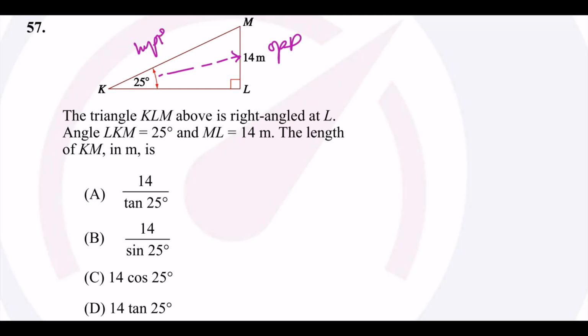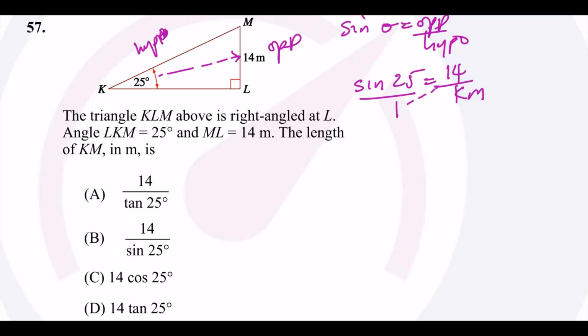Alright, so what trig ratio uses the hypotenuse and the opposite side? That's going to be sine: sine of the angle is equal to opposite over the hypotenuse. So sine 25 is equal to the opposite, which is 14, over KM. So we're going to cross multiply and transpose for KM.